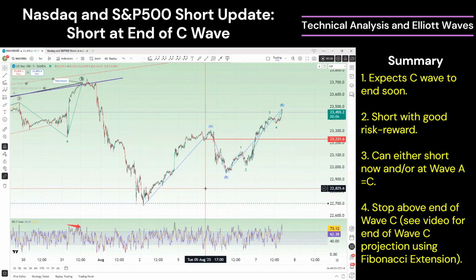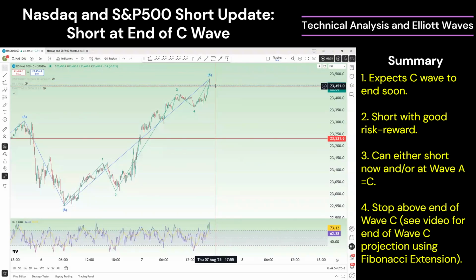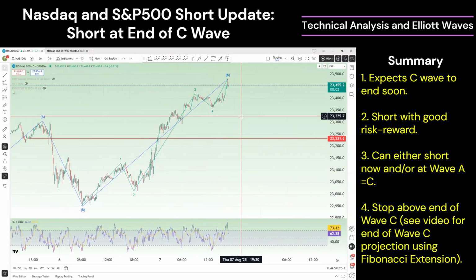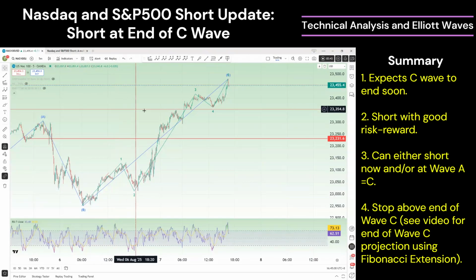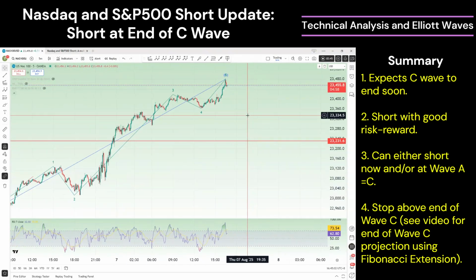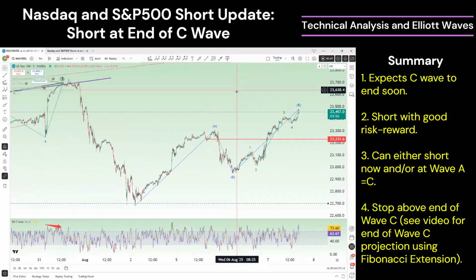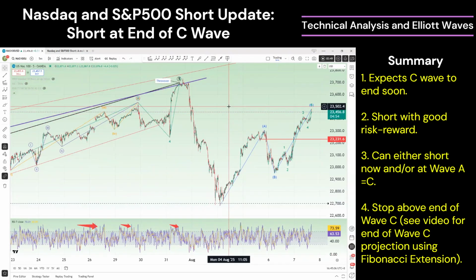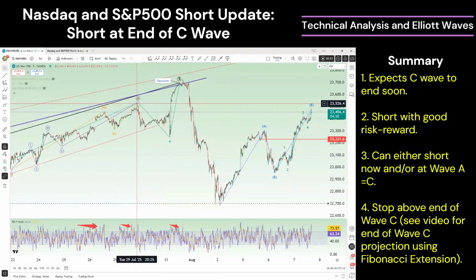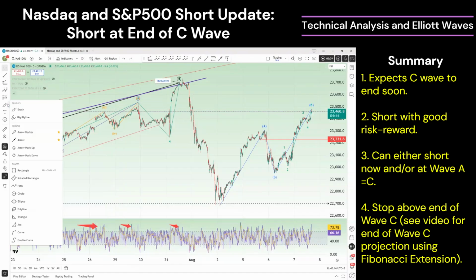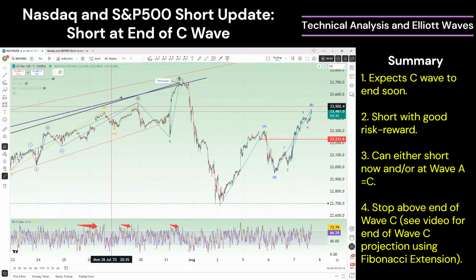Okay, so the reason why I want to put this as a 5 is because I think that there is some prior resistance over here, here, and here. So this price zone seems to be a good place. Okay, let me just draw it out for you.